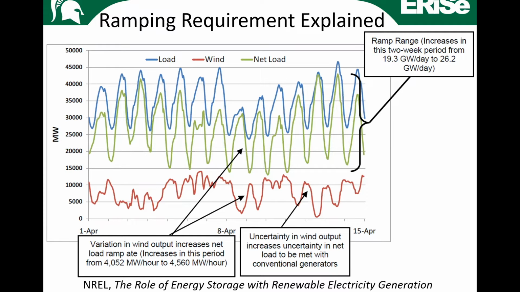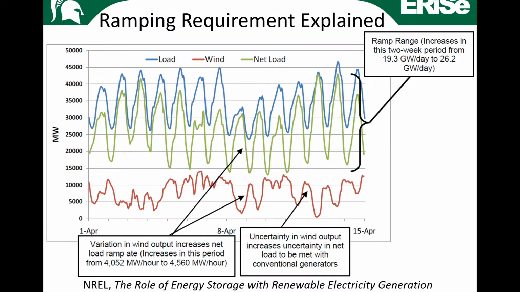And you will immediately note that the difference between the peaks and the troughs has increased here in the green curve in comparison to the blue curve, right? That is called the ramp range.